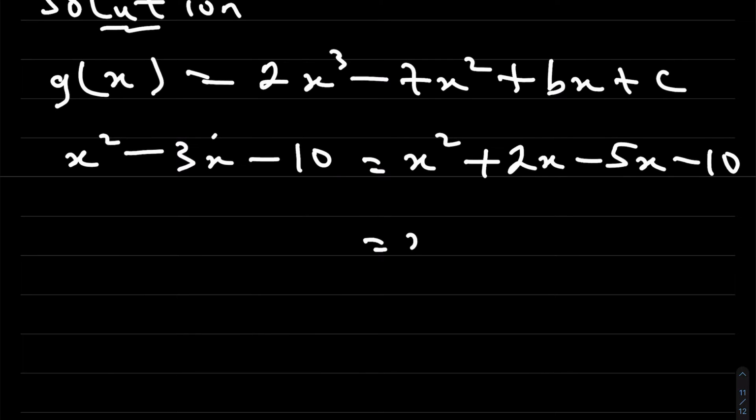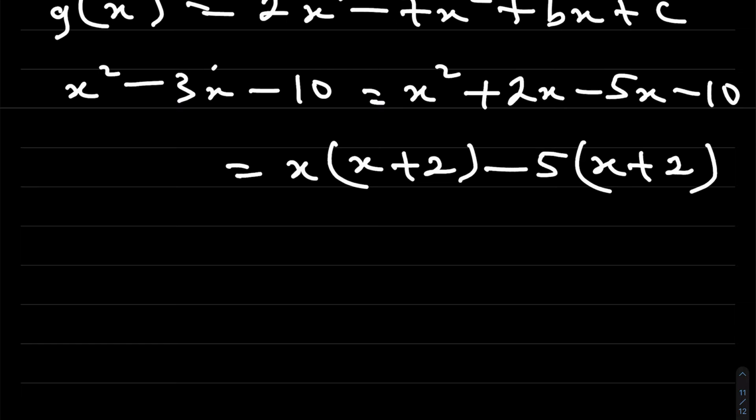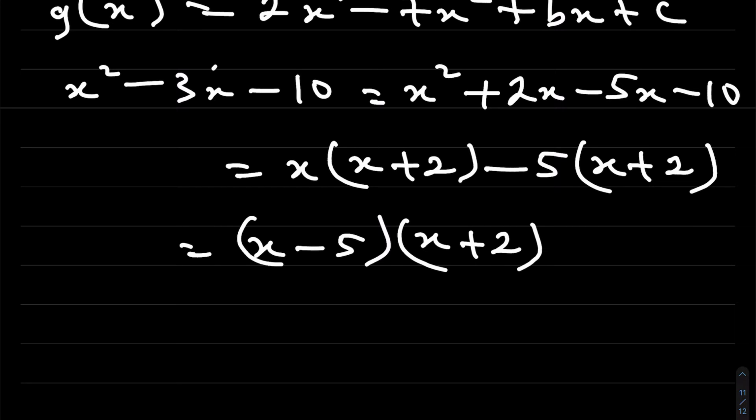Now that simply means x into bracket x plus 2, minus 5 into bracket x plus 2, which is equal to x minus 5 times x plus 2.